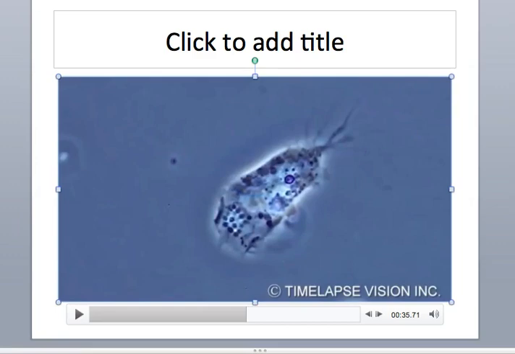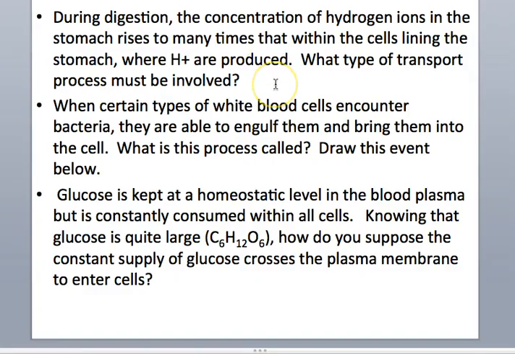Okay, so that is a lot, but let's review a little bit. During digestion, the concentration of hydrogen ions in the stomach rises to many times that within the cells lining the stomach, where hydrogen is produced. What type of transport is involved?